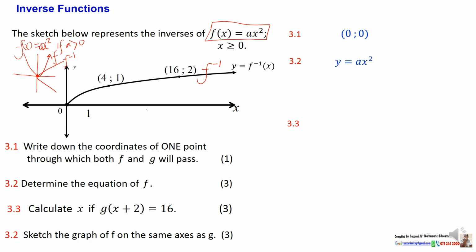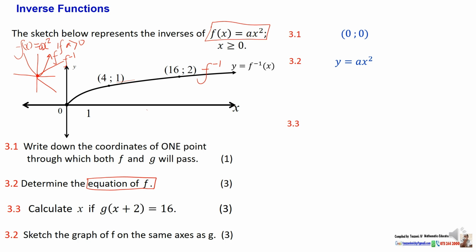Number 3.2. We want to find the equation of f. Once again, be careful. The details we have in the diagram are that of the inverse of f, but the question wants us to find the equation of f. So we know that when coordinates are given on the graph, we can substitute those coordinates into the equation of the function.